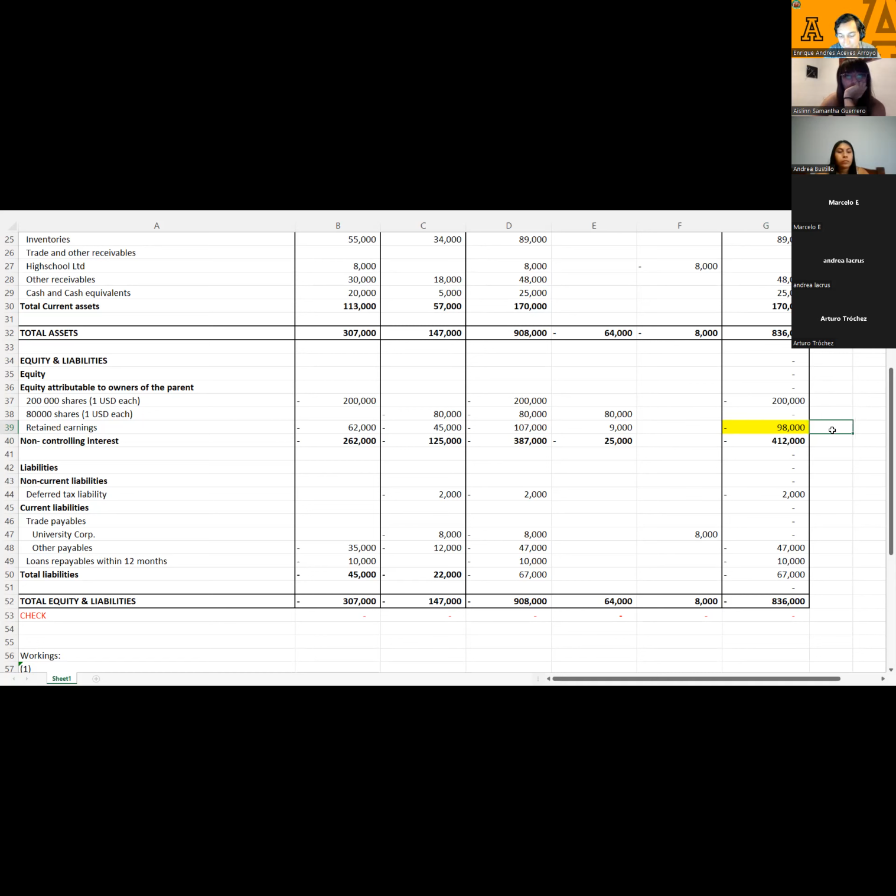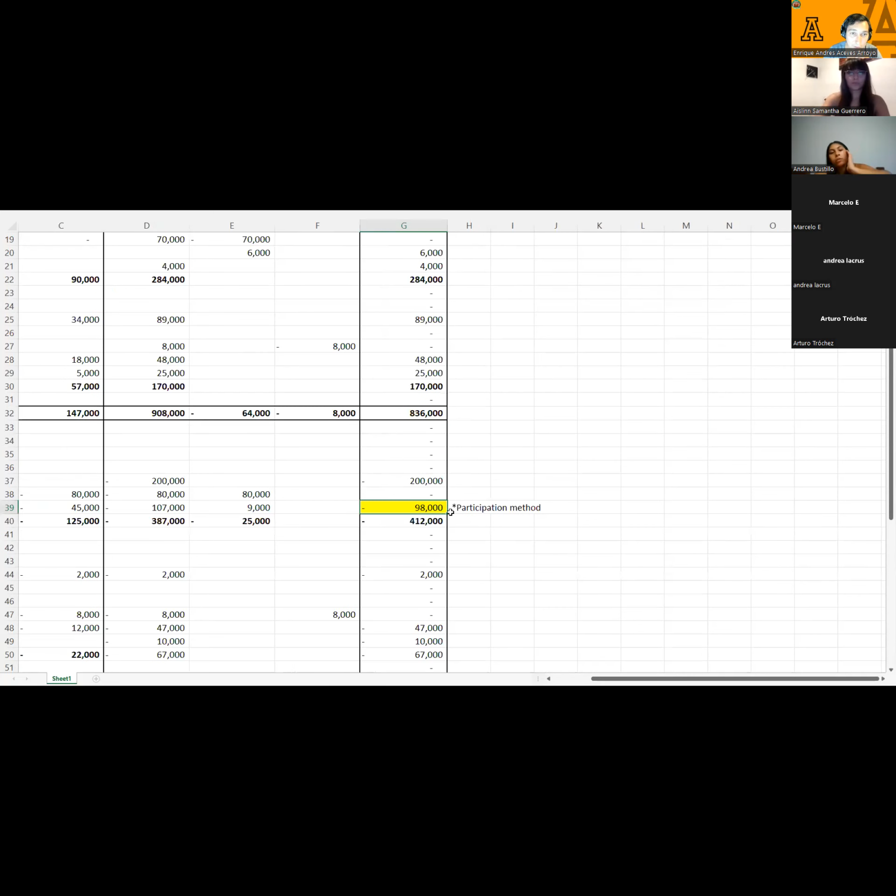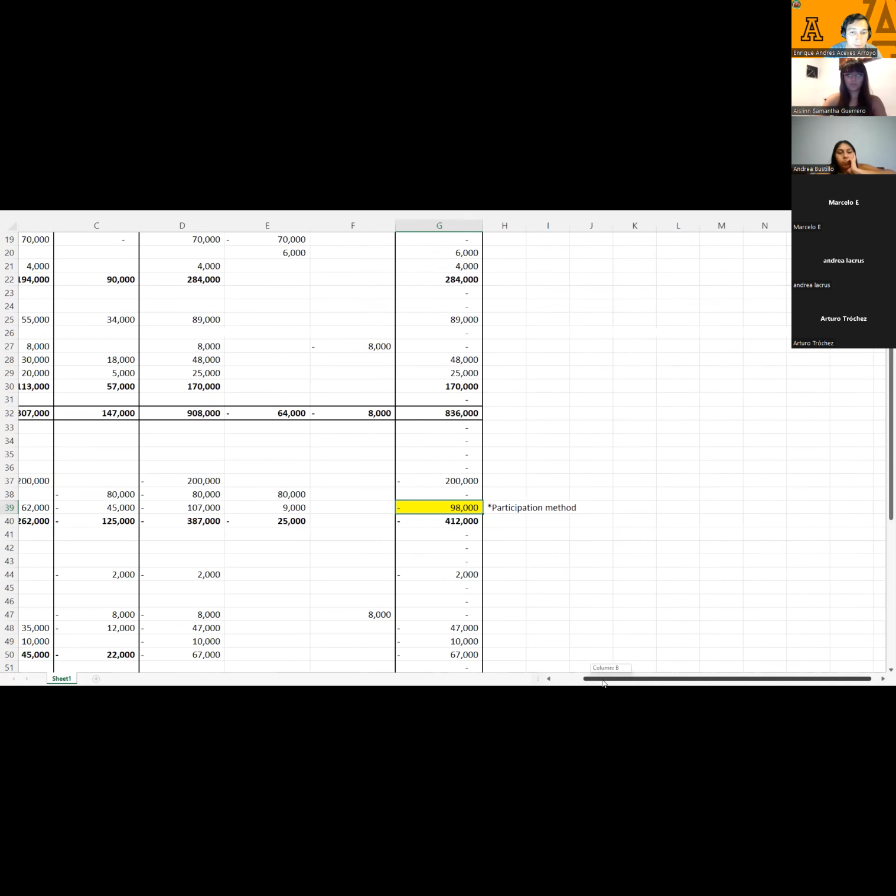This is called the participation method, which is just recognizing how much of the earnings from the subsidiary company I own. So you would owe the owner of the university this amount of retained earnings.